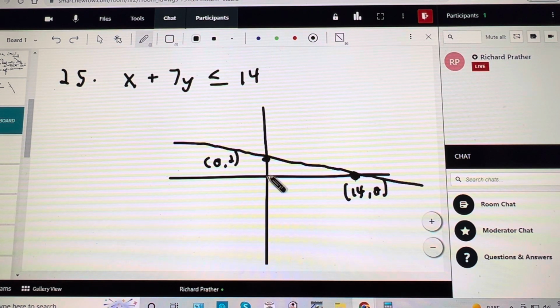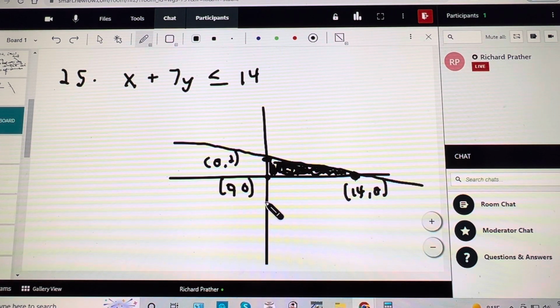And you need to be above the x-axis and to the right of the y-axis and stay below this one. So the feasible region that you would shade is this little triangle region. And that means both of these intercepts are corner points, and so is the origin. We only have 3 corner points.